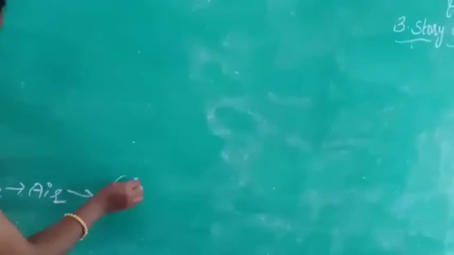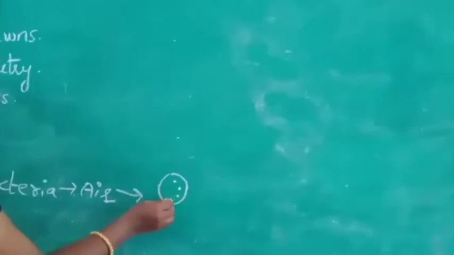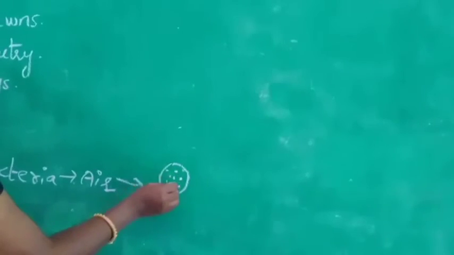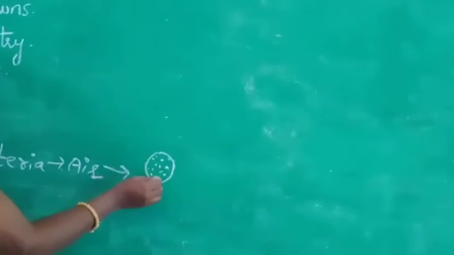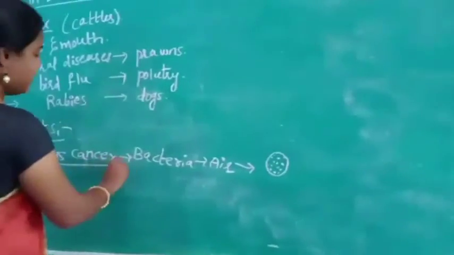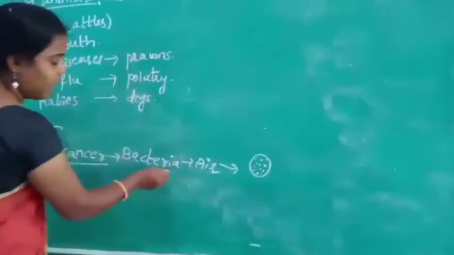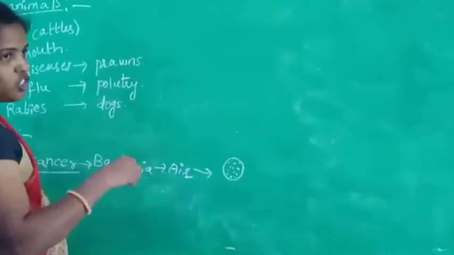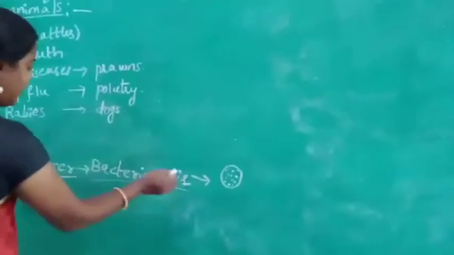We can observe brown color spots on the lemon. That is nothing but citrus canker disease, which is caused by bacteria, and this bacteria is transmitted through the air.